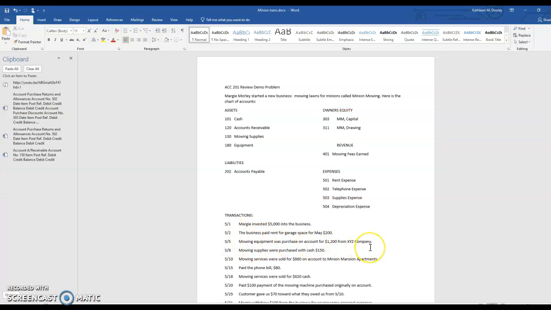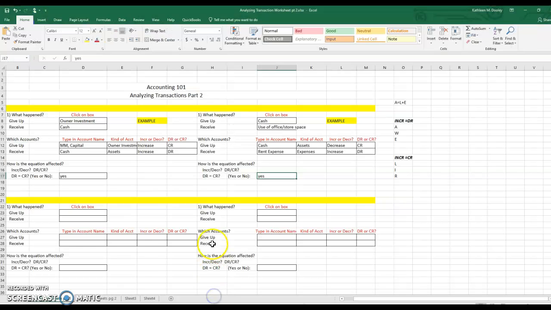Mowing equipment was purchased on account for $1,200 from XYZ company. Okay, so what is the company receiving? They're receiving mowing equipment. We'll put in equipment. And what are they giving up? They're not giving up cash today.